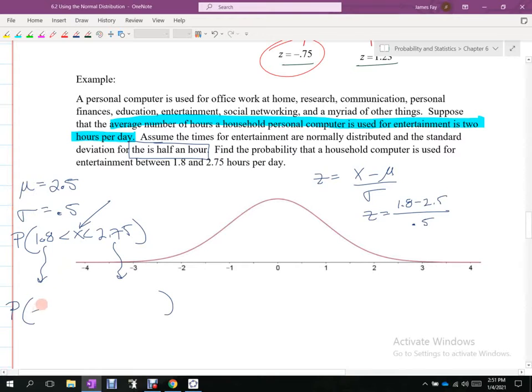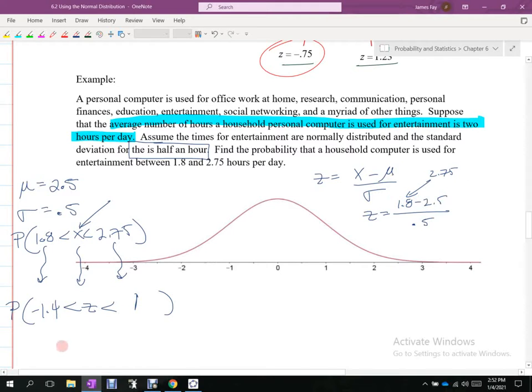And it gives me negative 1.4 is less than, now this X has become a Z, okay, because I'm standardizing it. And then for 2.75, all that happens is that 1.8 now becomes 2.75. So I go through that formula, 2.75 minus 2.5 divided then by 0.5, and I get 1. Okay, is that doable?